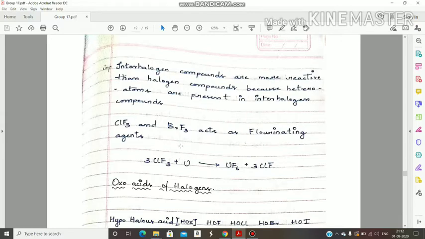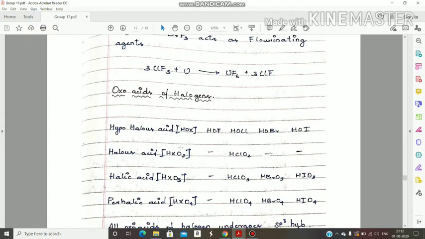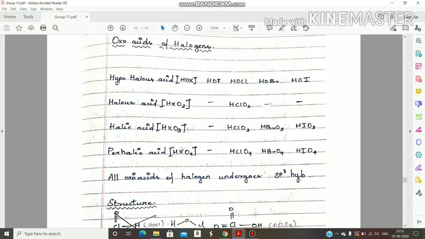Next topic is oxo acids of halogens. This is also a very important topic. Here 4 types of oxo acids are there. One is hypohalous acid, represented by HOX. Next, halous acid, represented by HXO2.